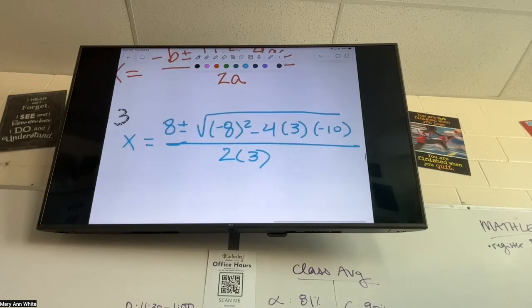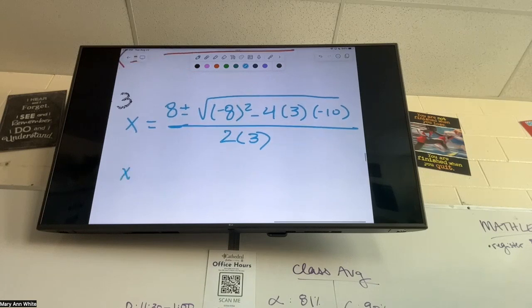Double check, make sure you have all your negatives and positives where they go. That's what I was just doing a second ago. And then you can get solving.